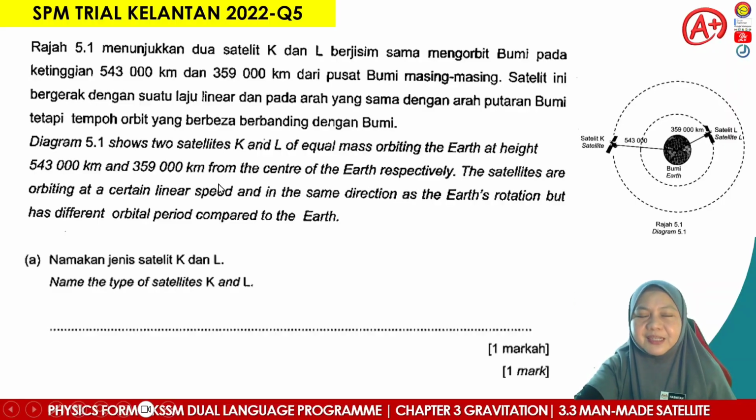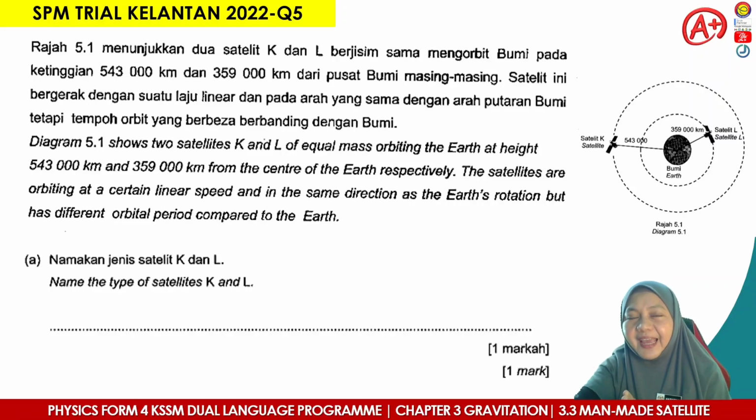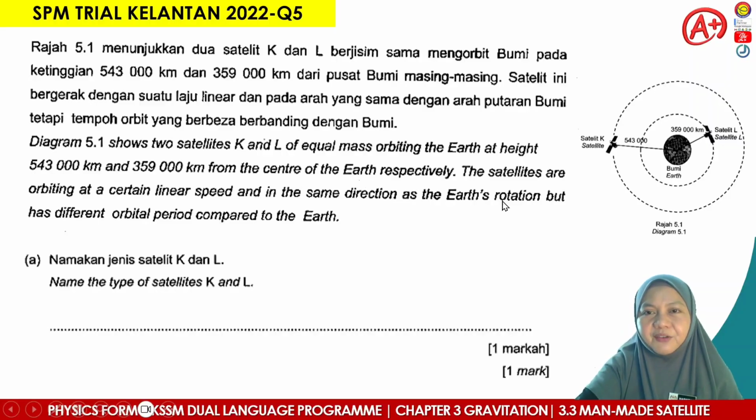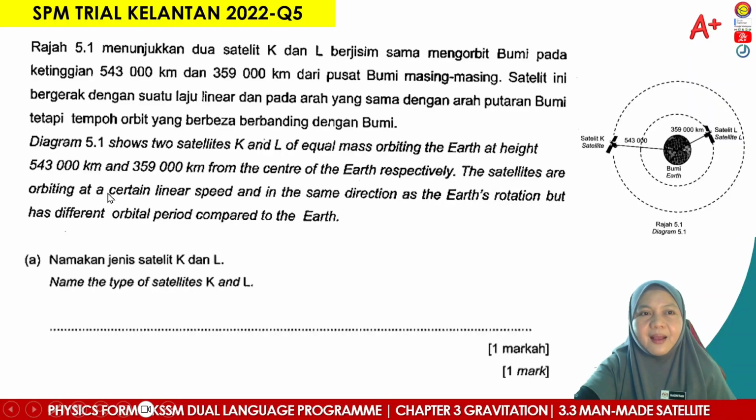Highlight this: from the center of the Earth. What does it mean? This is already the orbital radius, so you don't have to add the Earth radius anymore because it is stated this height is already from the center of the Earth.